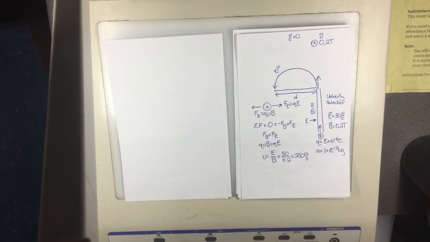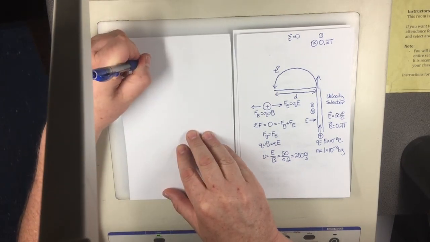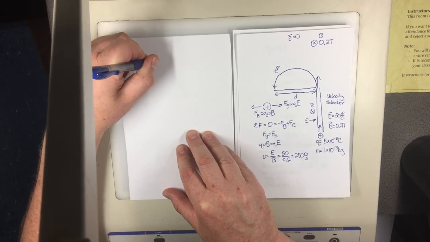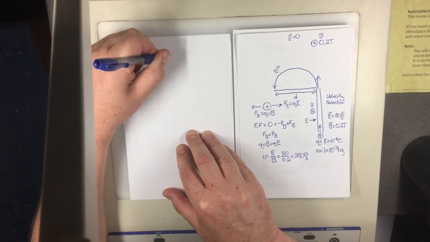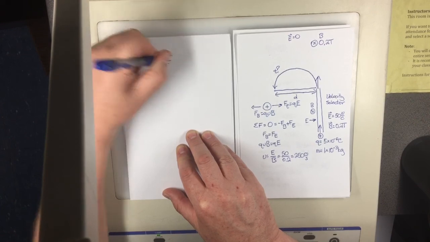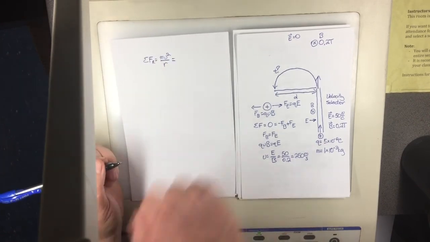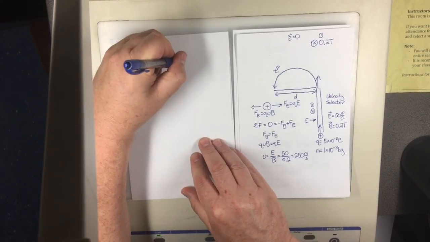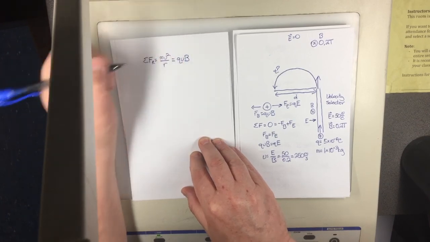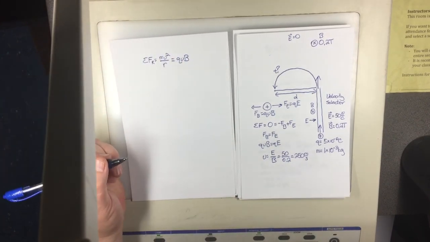Once it enters the magnetic field with no electric field, it is in circular motion. So the sum of the forces radially must equal mv squared over r. There's only one force, QVB, the magnetic force on a charged particle.